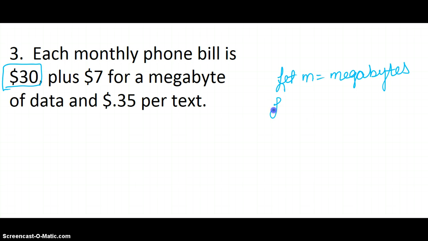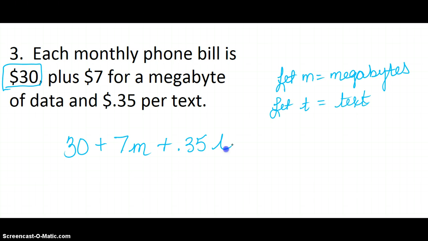Let's let t equal our texts. So no matter what, it's going to be $30. So 30 plus $7 per m plus 35 cents per t. And then we can substitute in. If I had 7 megabytes and 8 texts, I would just substitute those in and find the actual amounts.